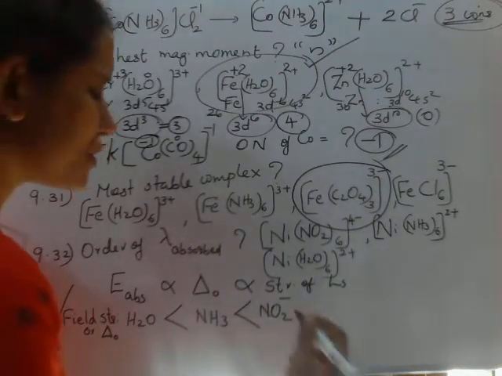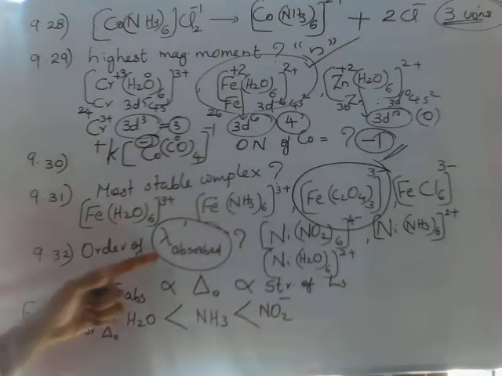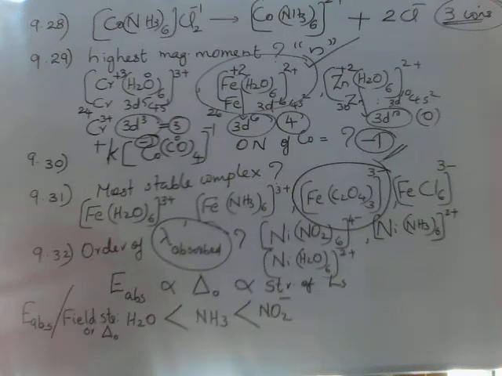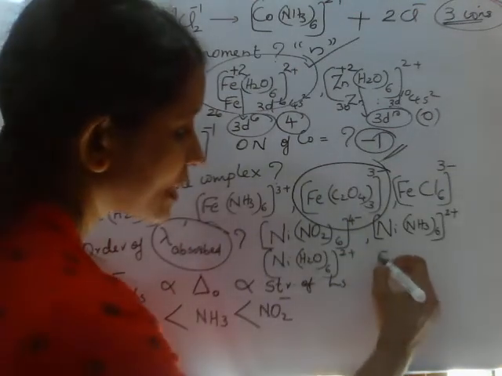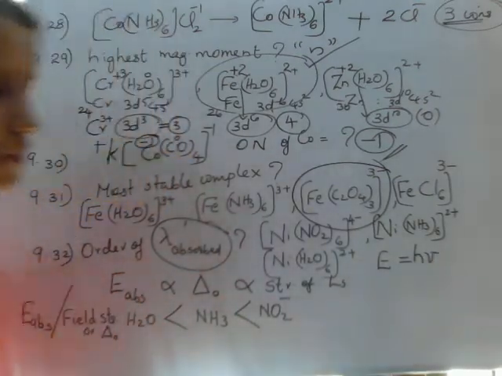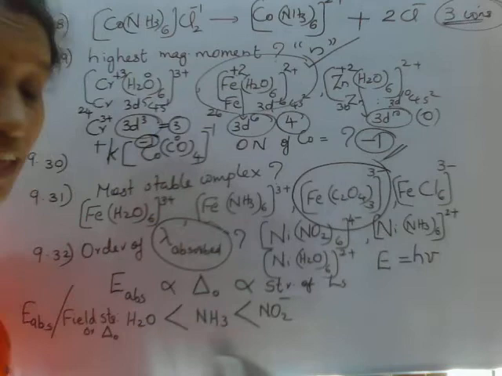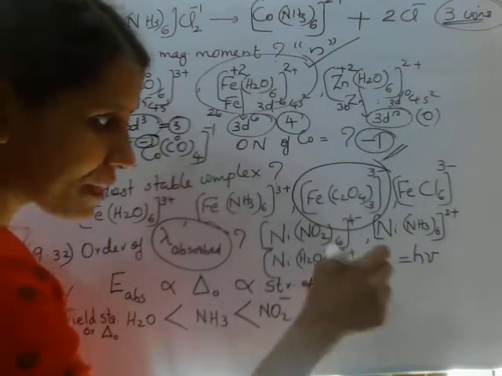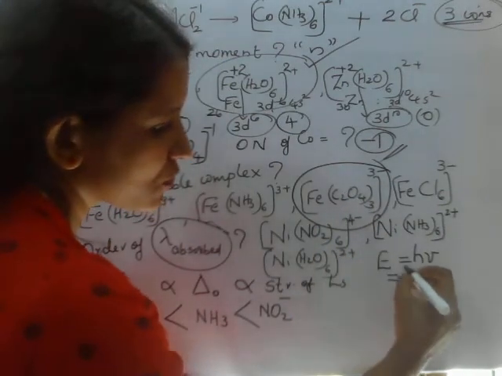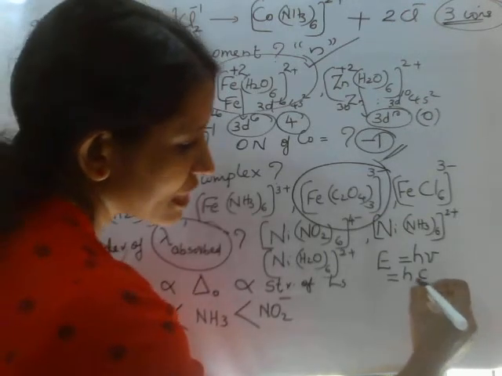Here we need to find the order of lambda, the lambda of absorption. You know the relation between energy and lambda. Energy is equal to h nu, Planck's equation, where h is the Planck's constant, nu is the frequency. We need to bring lambda, wavelength, into this equation. We know h into frequency nu is equal to c by lambda.